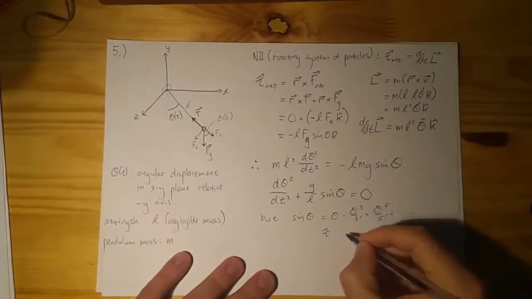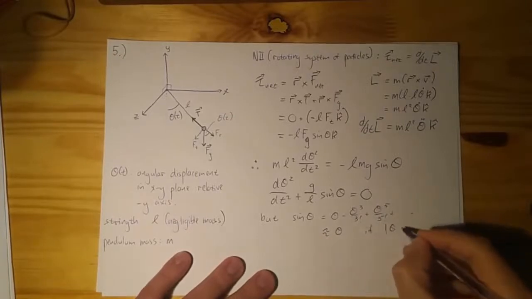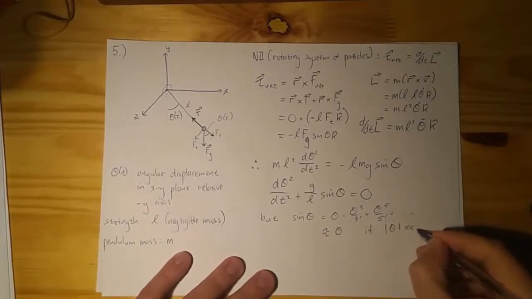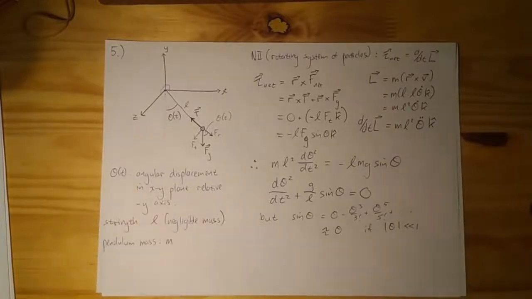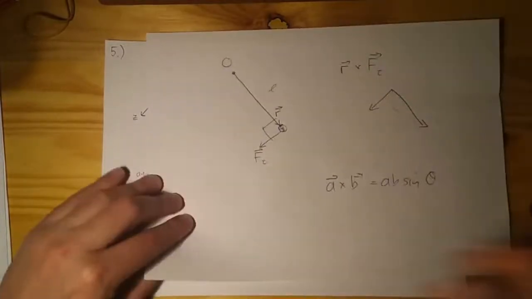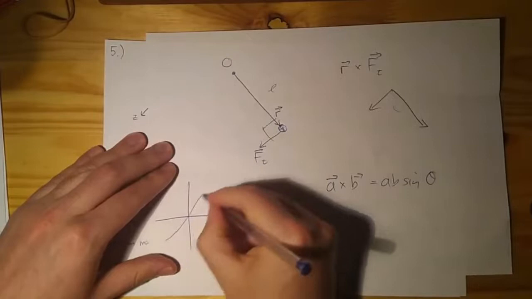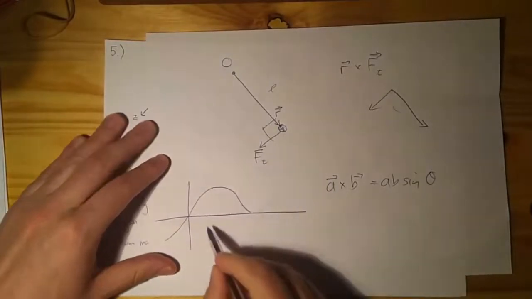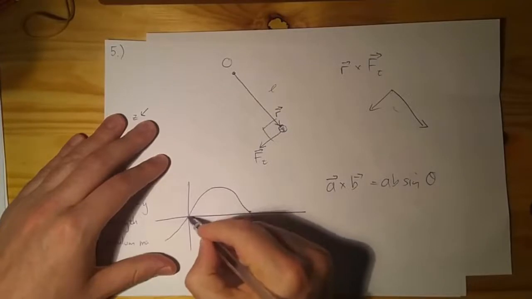Sine of theta is approximately equal to theta if theta is very small, or small enough. This boils down to the fact that if theta is in radians, the slope, the derivative of sine at the origin, is 1.